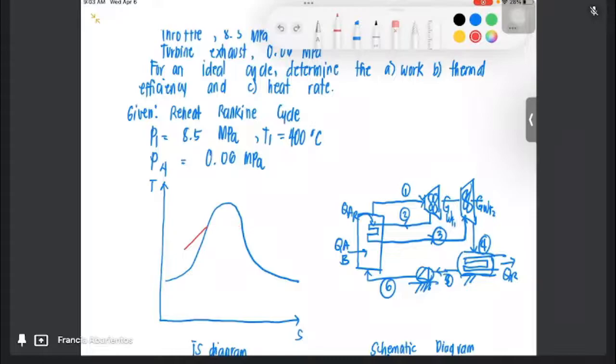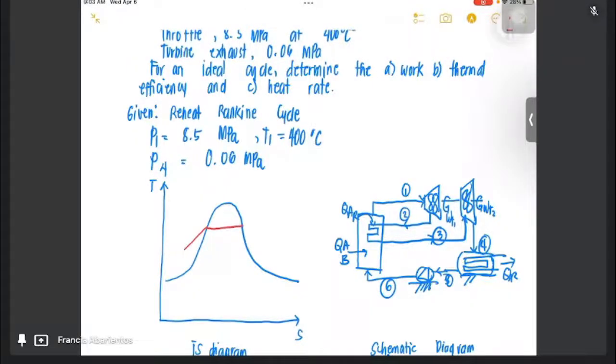Superheated yung point 1 natin, and assuming that it is saturated. So, this is from point 1 to point 2. This is now your pressure at point 2.